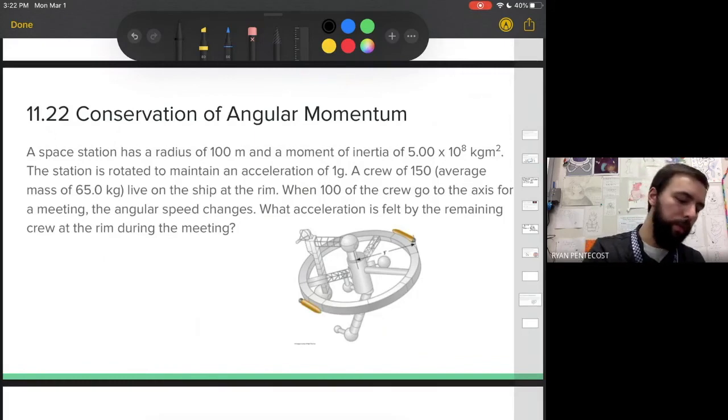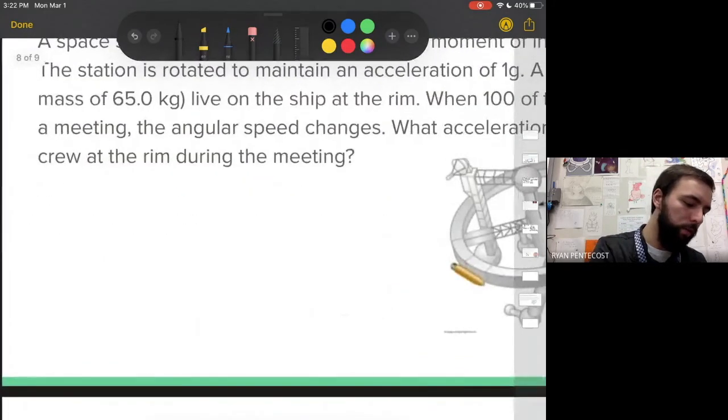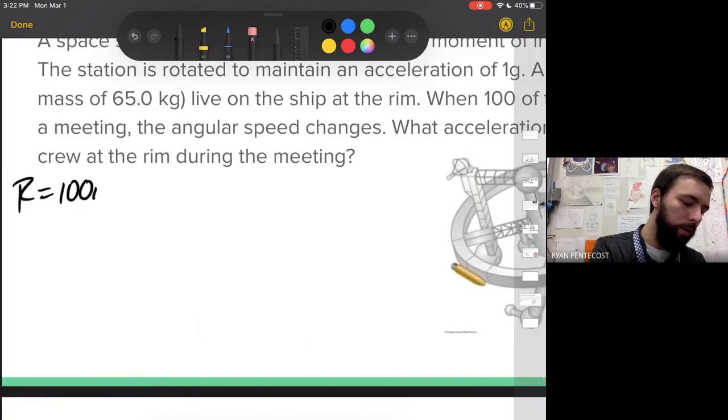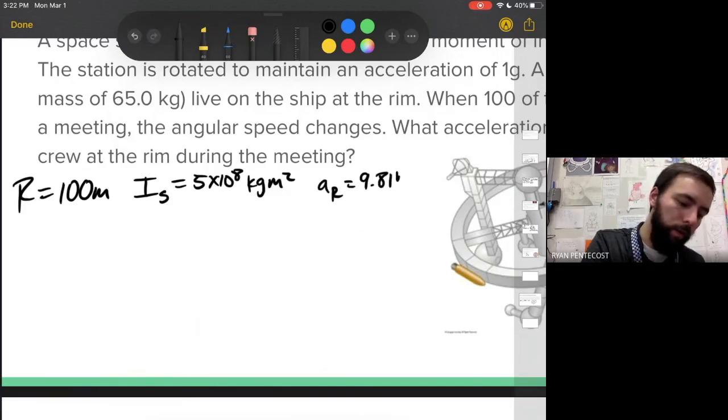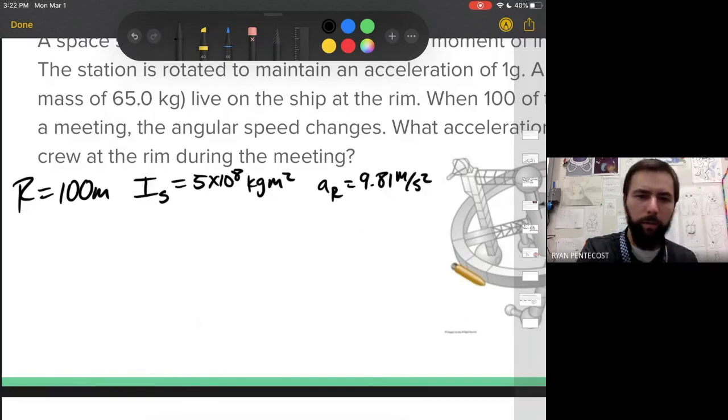So let's get our givens. First, we know that the radius is 100 meters. The moment of inertia of the ship is 5 times 10 to the 8th kilogram meters squared. The radial acceleration is 9.81 meters per second squared.